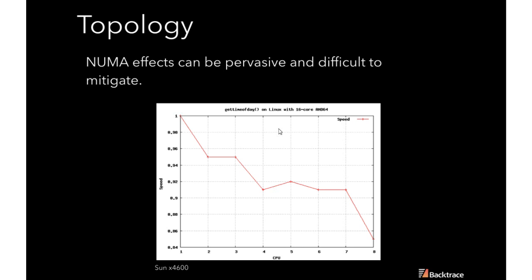We had a simple benchmark, which simply executed get time of day on different cores on the system. On Linux, get time of day is implemented with a shared page, which was typically pinned on the first core of the system. And you can see you end up with some significant differences in the latency of the system call, depending on the core that you are executing on.